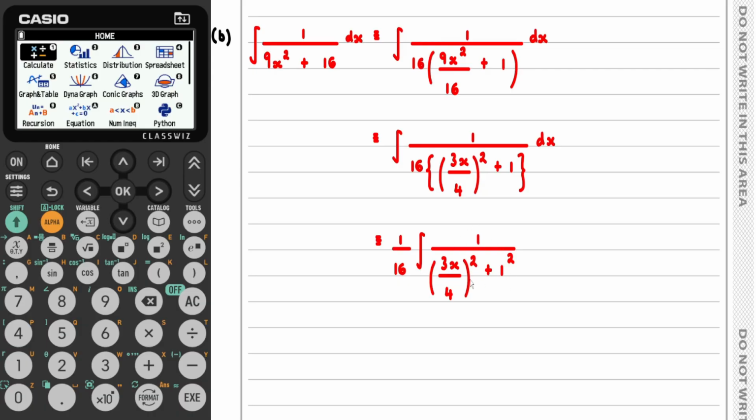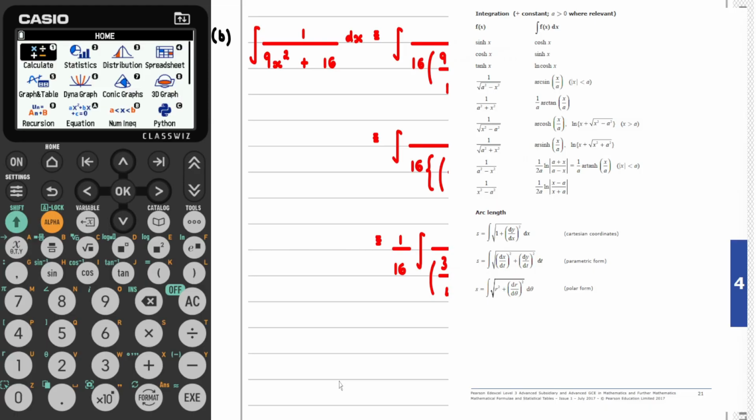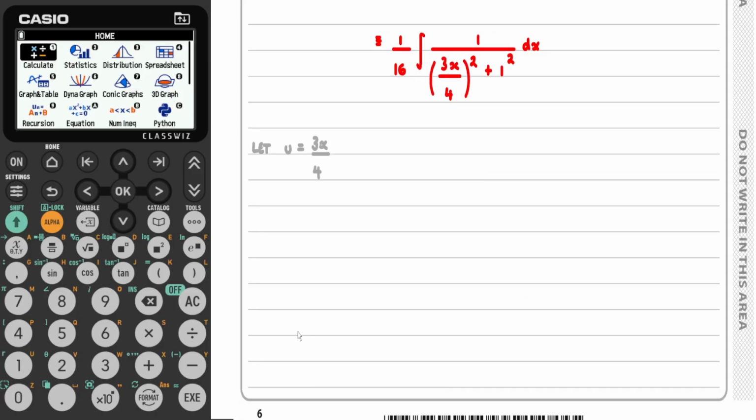Now, what we have here is almost of this form, but instead of us having an x, we've got a 3x over 4. And so therefore what we can do is make a substitution. We will let u equal 3x over 4, and in doing so we can find du over dx. That's equal to 3/4, meaning dx is equal to 4 over 3 du.